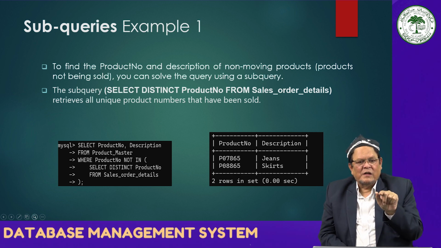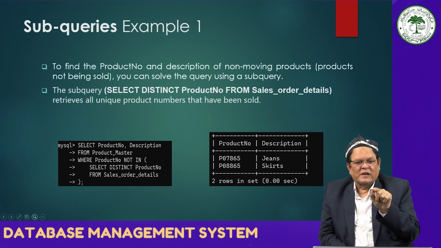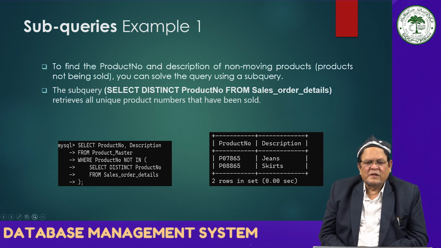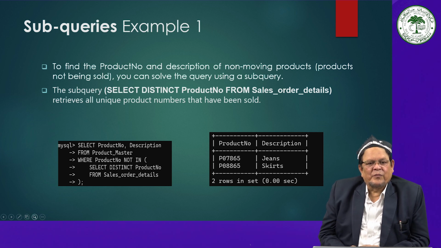So first it will retrieve all the unique product numbers, and if a product number is not available there, then it will display. It means it will display the product number and description: P08765 jeans and P08865 skirts only.